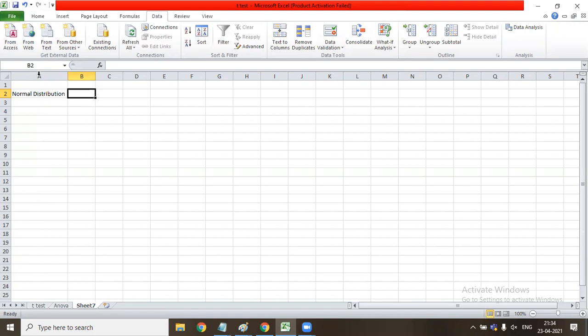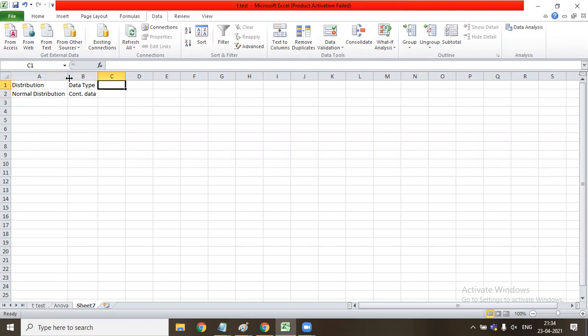So when we say normal distribution, on which type of data does it work? It works on continuous data. And what is the notation? It is notated as Z distribution.